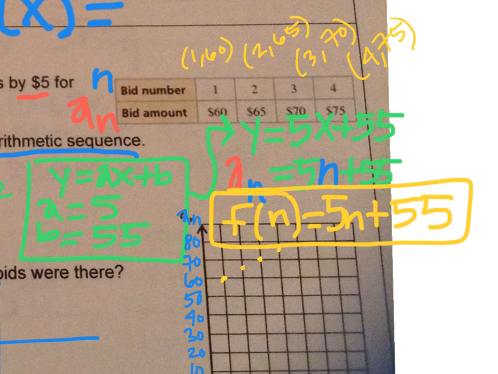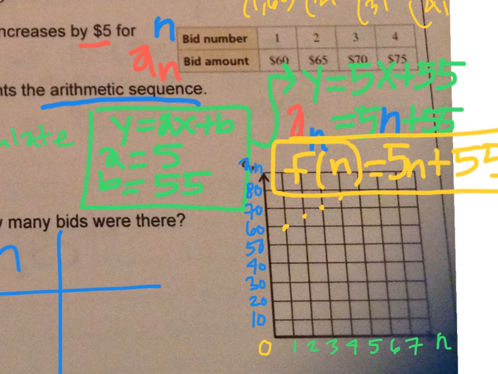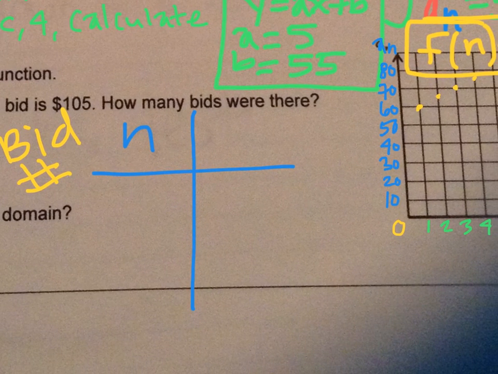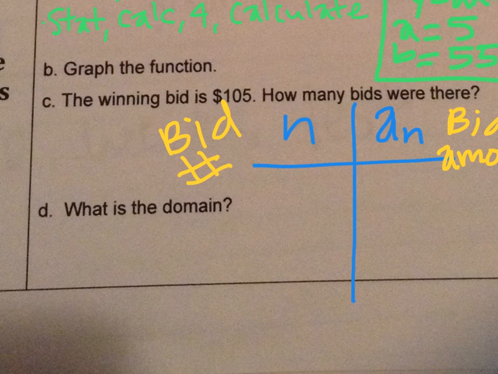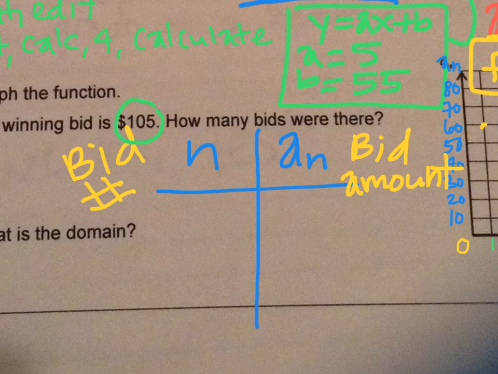The bottom row is AN, and it represents the bid amount. Alright, and they told us that the winning bid is $105. So $105 is going to go under the bid amount. And they want to know how many bids were there. So we're looking for this value. So we're looking for N.